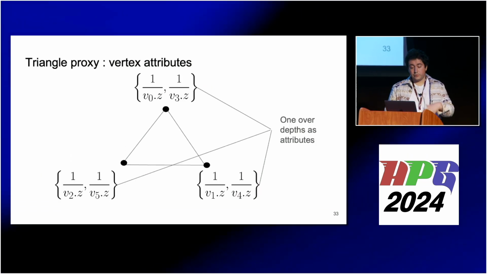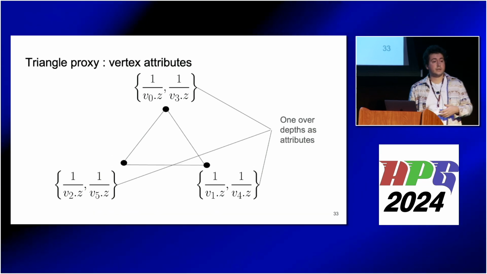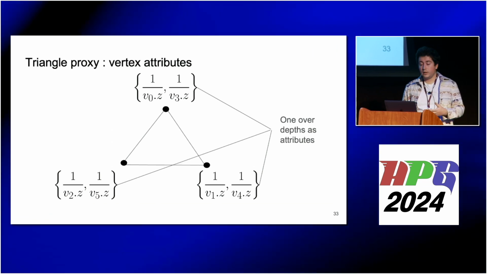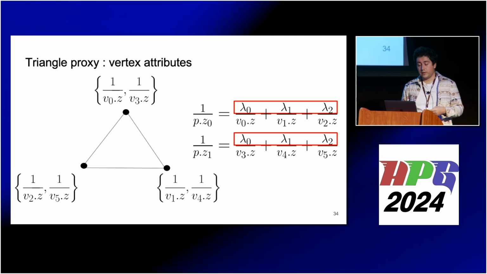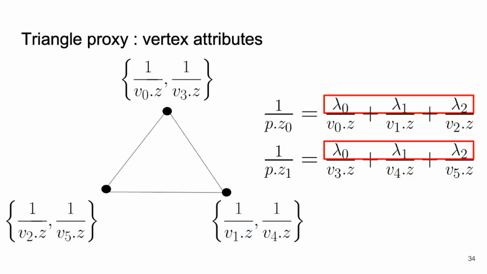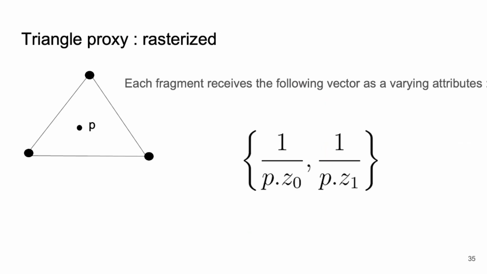And then you just set up your vertex attributes as 1 over the depth of the 2 points, and once the rasterizer does the attribute interpolation, it will recompute these 2 depths. Finally, when you arrive in the fragment shader, each fragment shader invocation will receive 2 depths, so 1 over the depth of the front faces and the depth of the back faces of this peculiar shape.